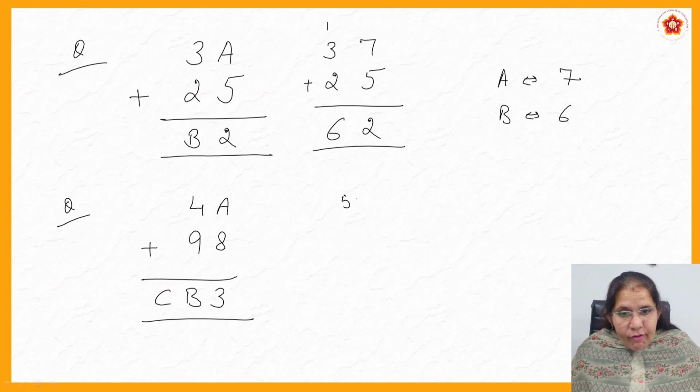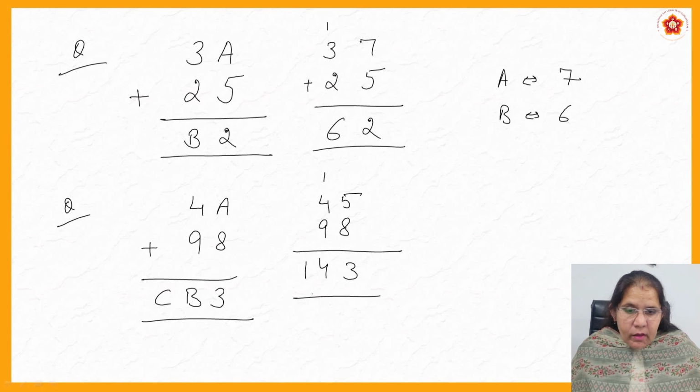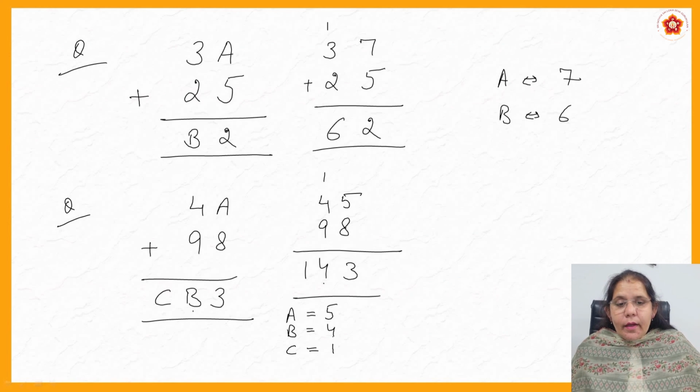If we add 5 to 8, we get 13, 1 carry, and 4 and 9 is already given here. So what will it be? 14. So from here tell me, what is the value of A? A is 5. What is the value of B? B is equal to 4. And what does C equate to? C is equal to 1.